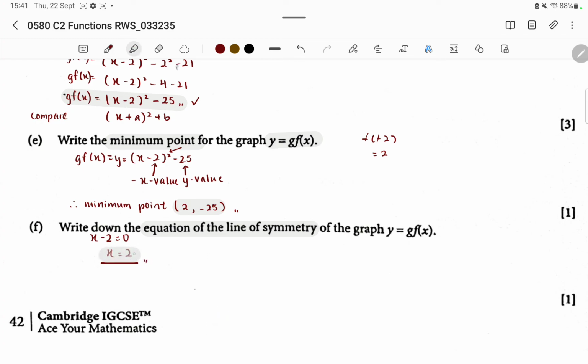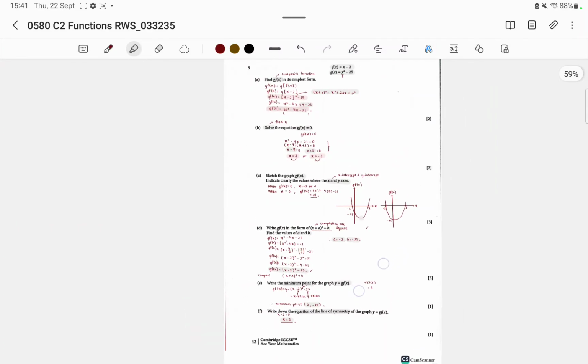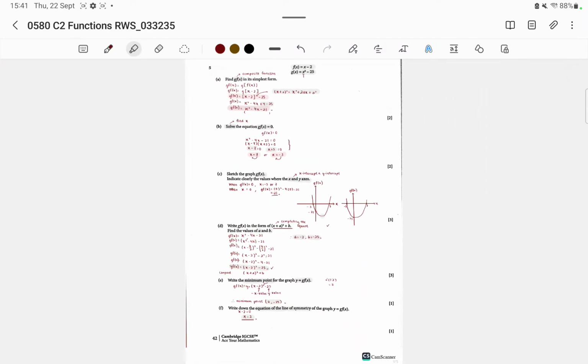So this will be your 1 mark and your final answer. So that is all for number 5. And that's all for this session first.